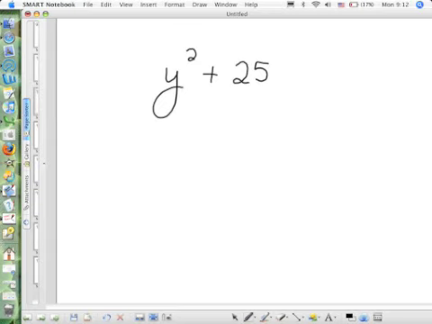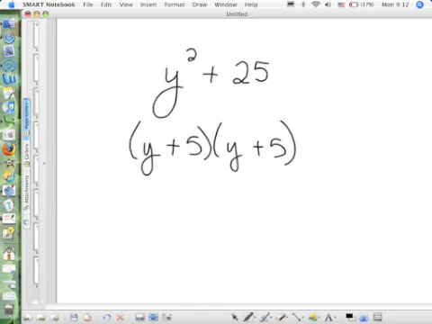What about this? Is it two positives? Okay, well, it can't be 2 plus signs, because that would be y squared plus 10y plus 25.